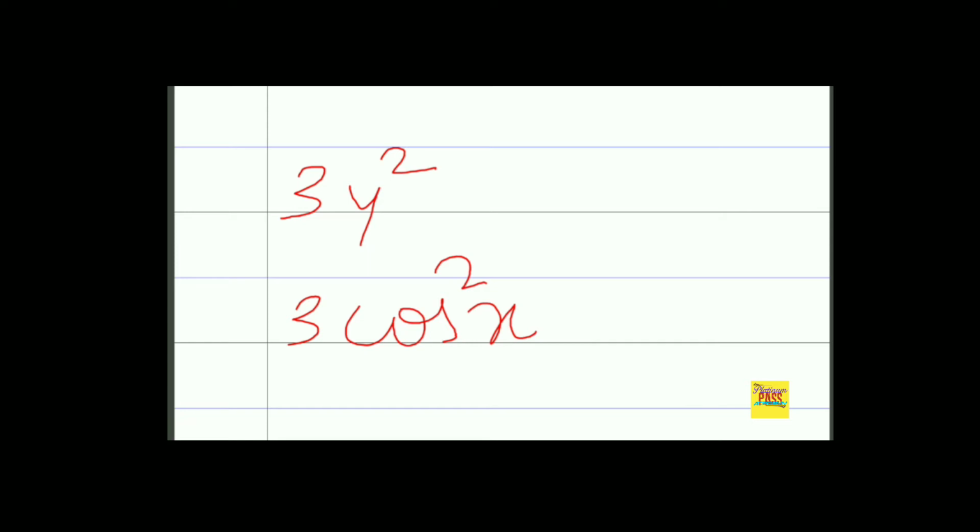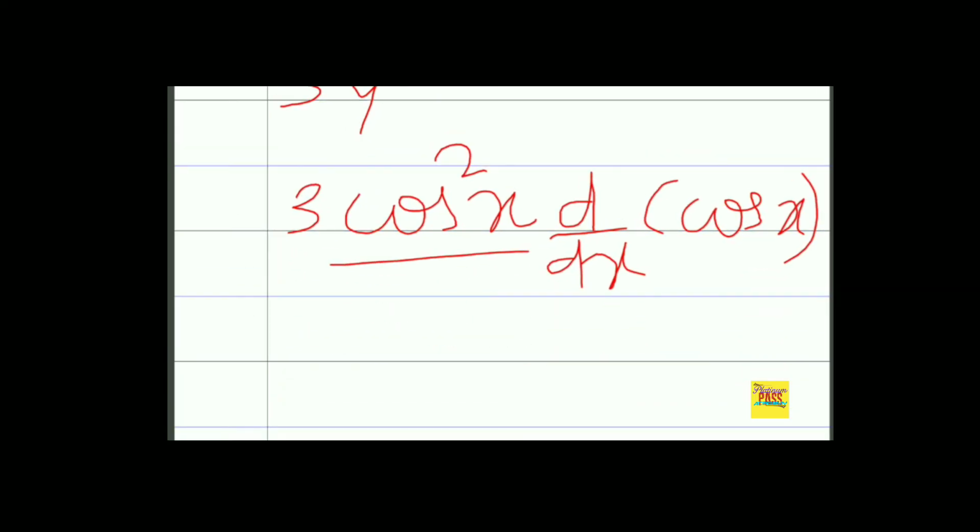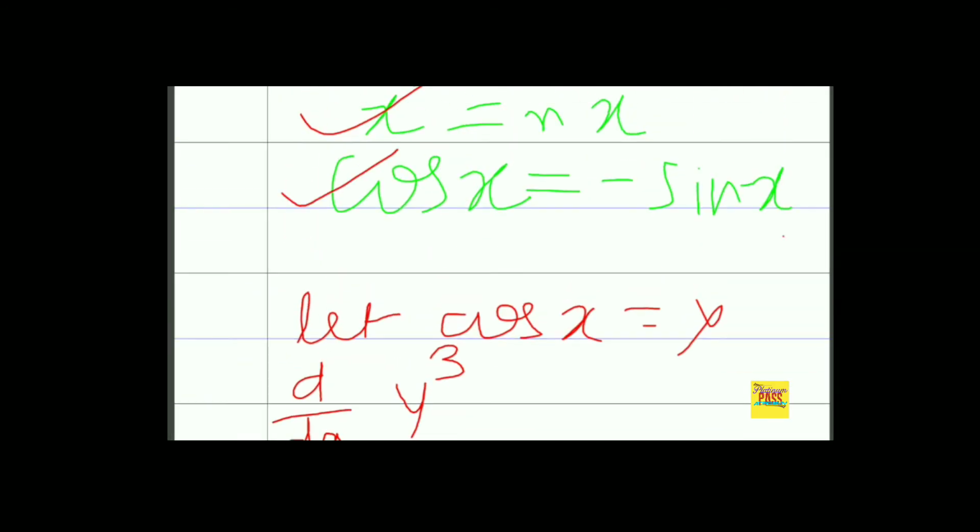But this cos is another function, so we have to differentiate the cos function also. The differentiation of cos x is minus sin x, as I have already told you. So we put minus sin x here, and we get 3 cos square x into minus sin x.